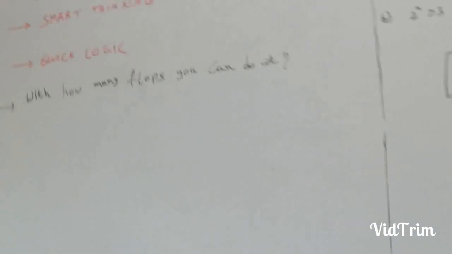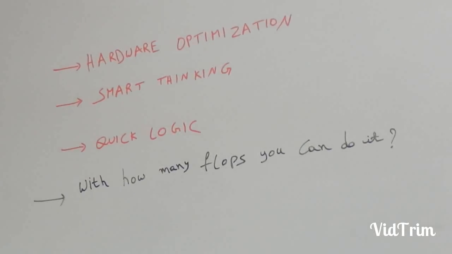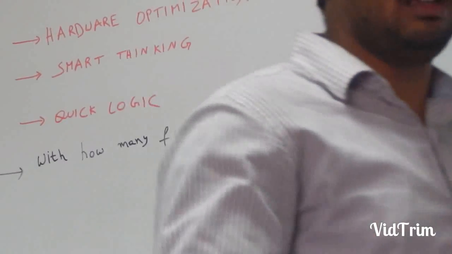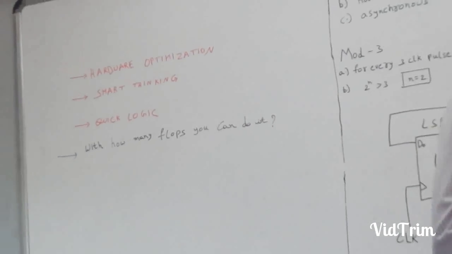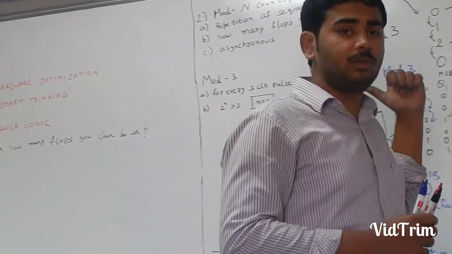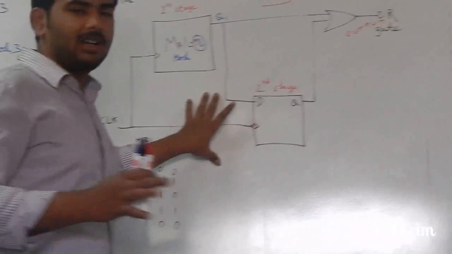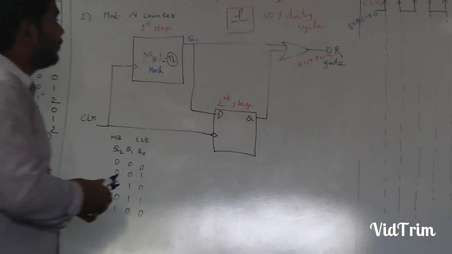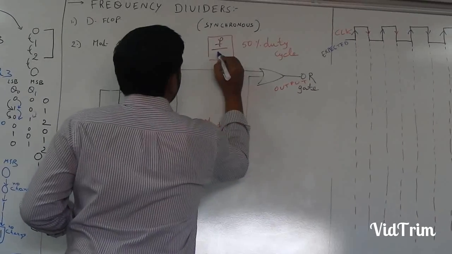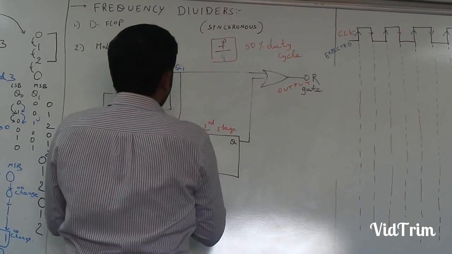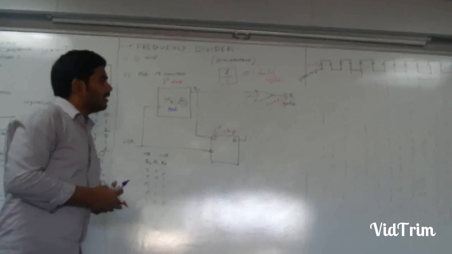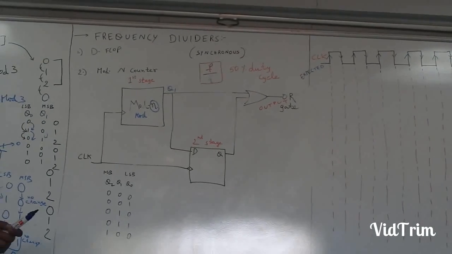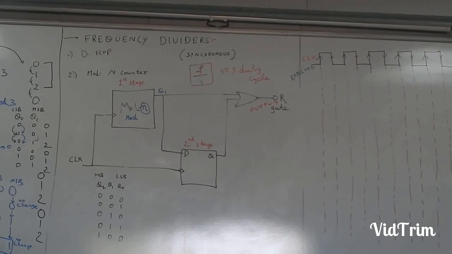If tomorrow some interviewer asks how many flops you can do it with, you can answer within a second. Those also we will discuss. But let me discuss a frequency divided by 5 circuit for you, so that you'll know more about this concept and you can do any frequency division for that matter.